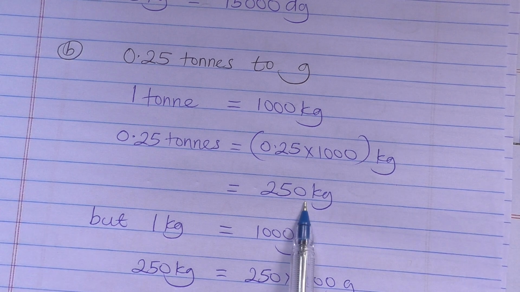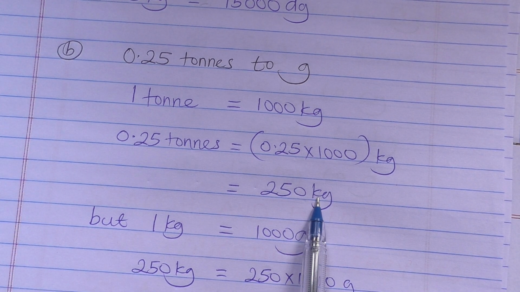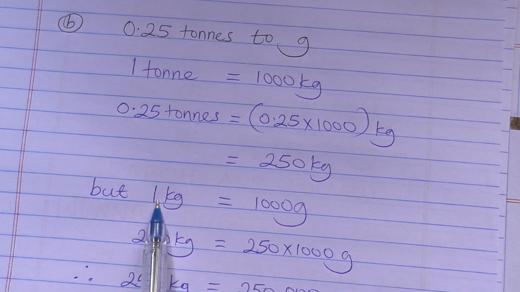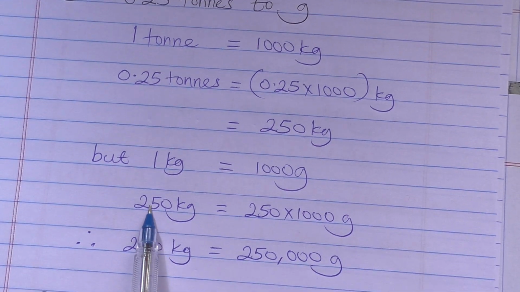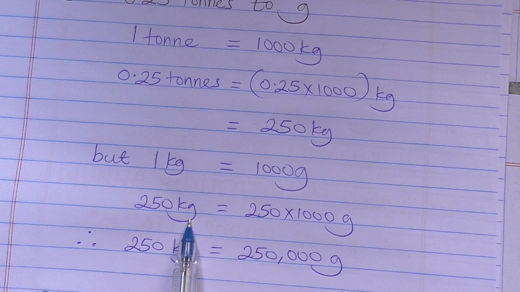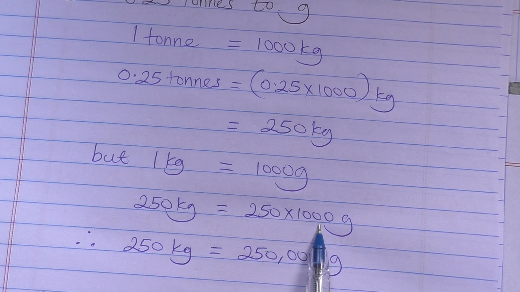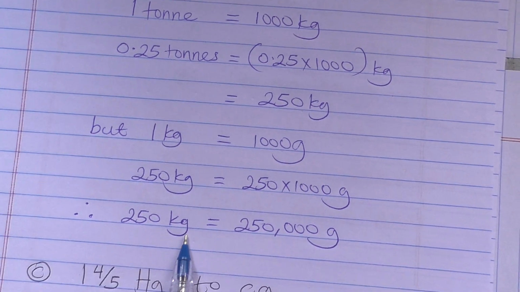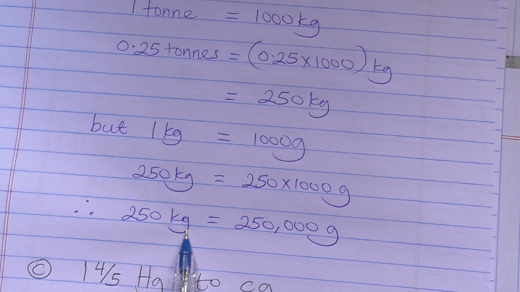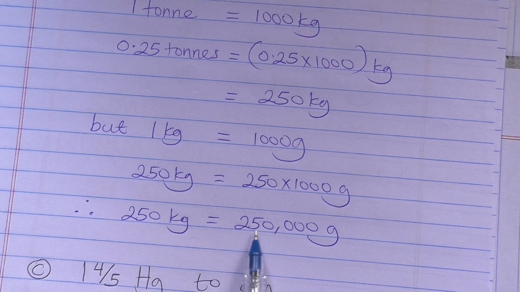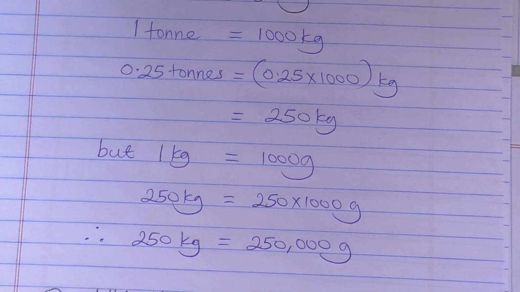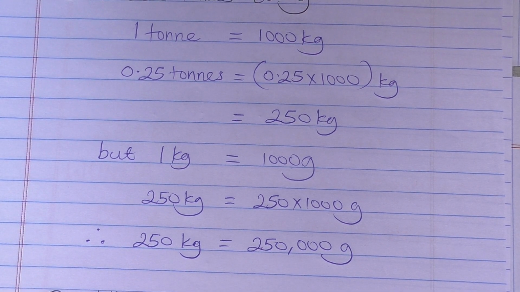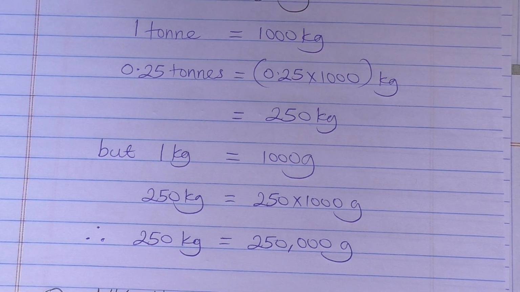So we shall not stop here. We shall continue to change from kilogram to grams. We know that 1 kilogram is equivalent to 1,000 grams. What about the 250 kilograms? That will be 250 times 1,000, hence giving us 250 kilograms being equivalent to 250,000 grams. So that is how we shall change from tons to grams.